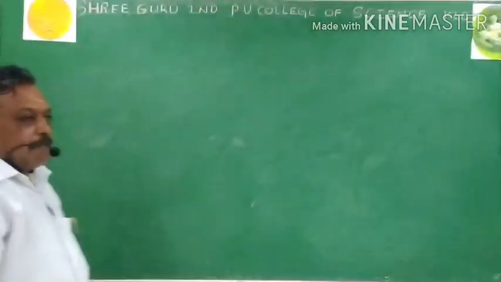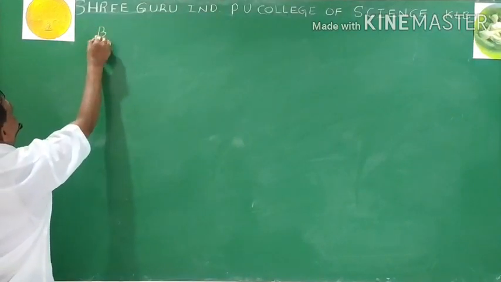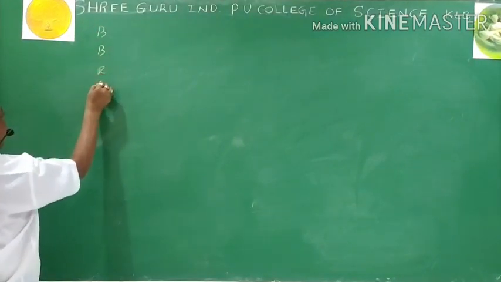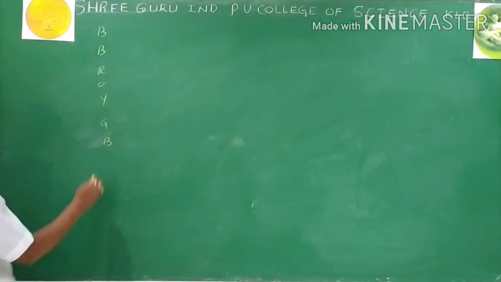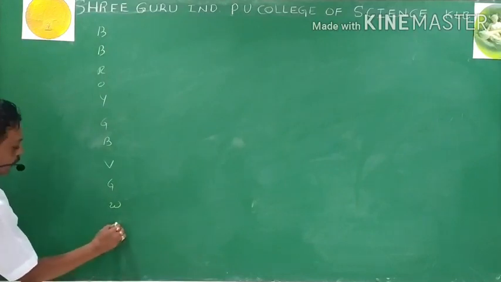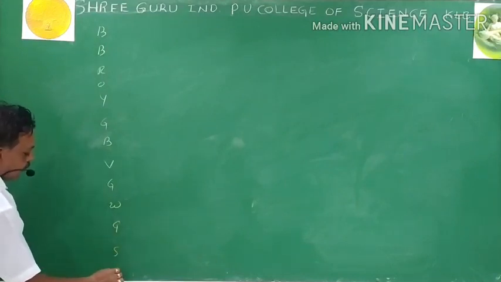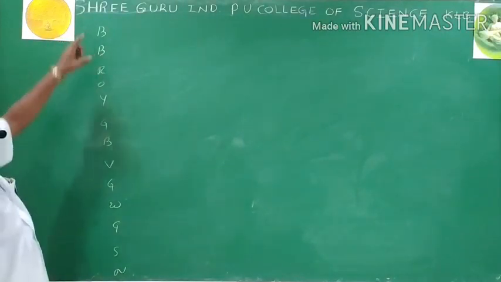So I can write it without writing the complete hint. I take the capital letters. Now this is B.B. Roy of Great Britain had very good wife wearing gold silver necklace. I take the capital letters for respective words.